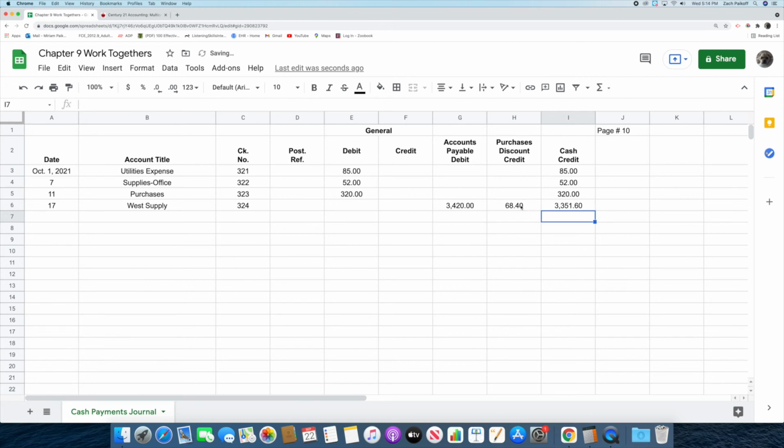And these two credits, when added together, should equal this debit. So these two numbers, when added together, should equal 3,420. All right, so that was the fourth transaction.